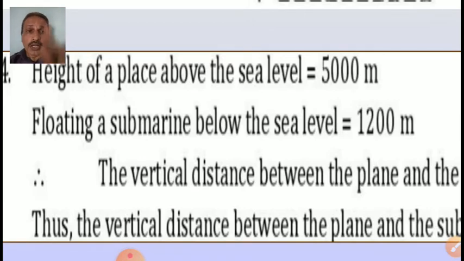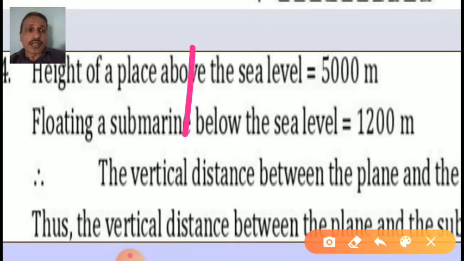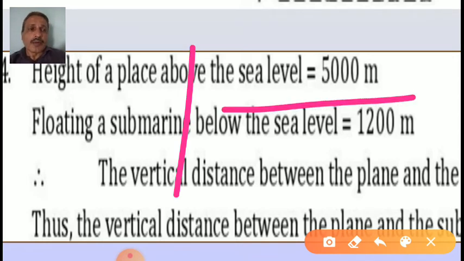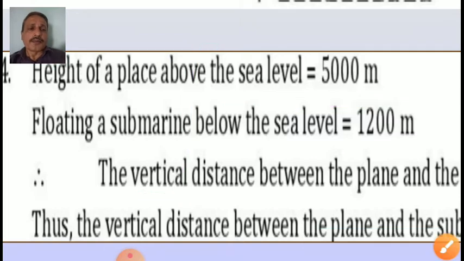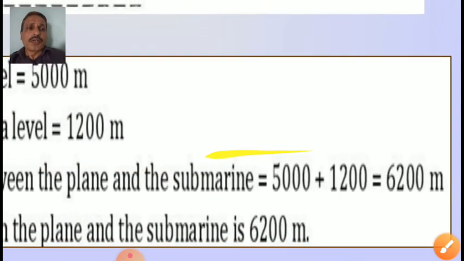The total vertical distance, vertical means straight line, horizontal means this way. We have to find the vertical distance between this and this. So what can we do? Yes, 5000 plus 1200. It gives us 6200. Your answer is right.